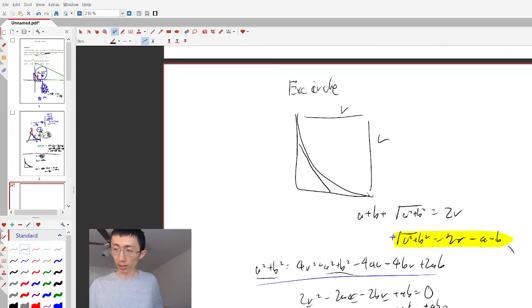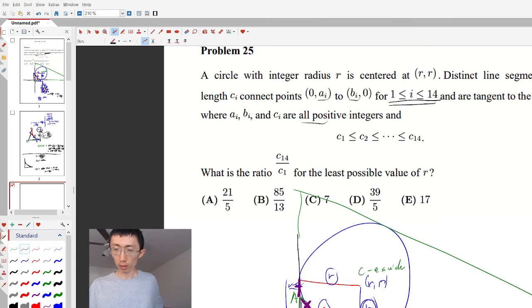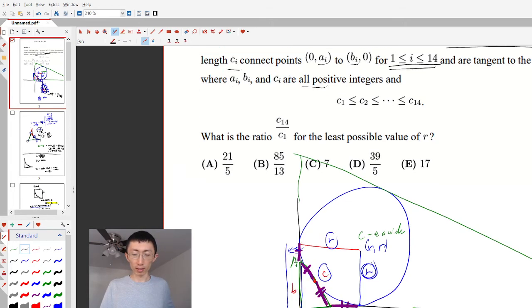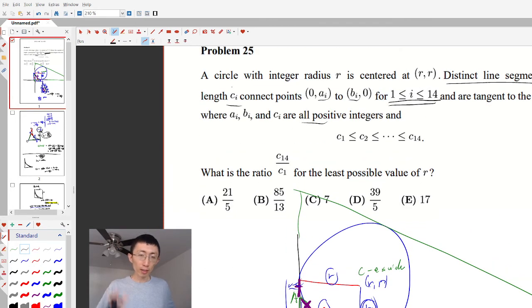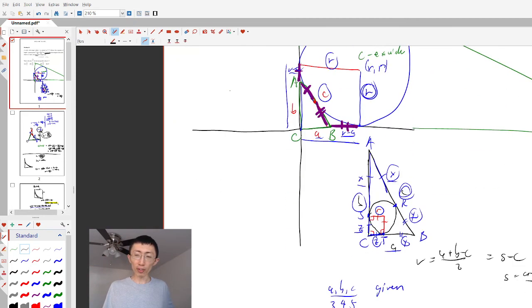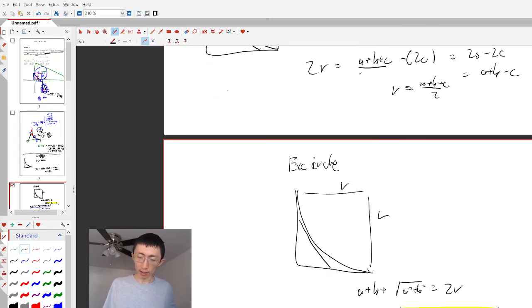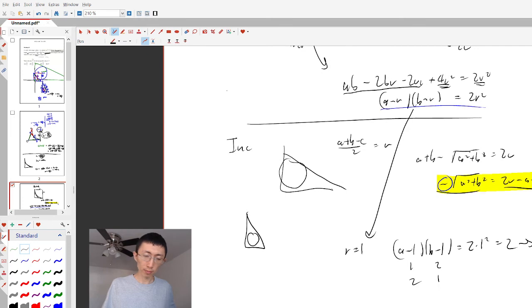The problem does say distinct line segments CI. So it could be that some of the CIs are the same length, but different line segments. That could happen, I guess, if you fix the inradius or exradius, the only way that can happen is the reflections over the line y equals x.